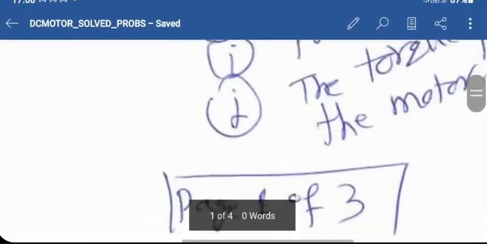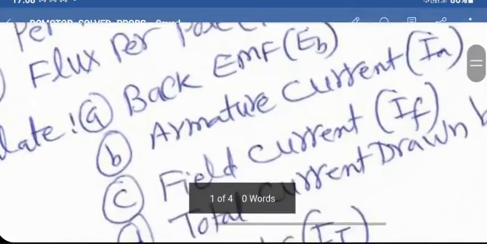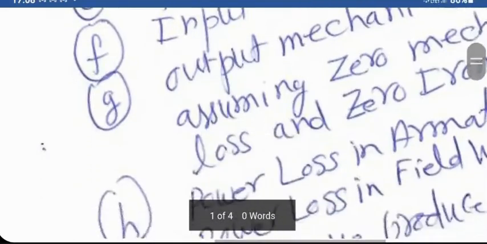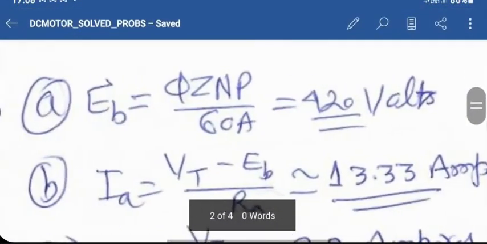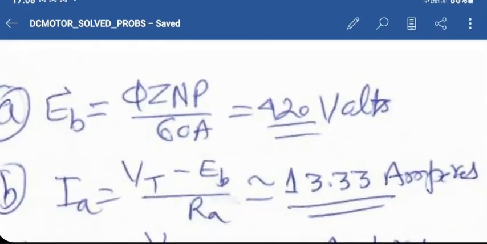Part B. Armature current, IA. I have not drawn the diagram of the shunt motor, but I think you should be able to see what I'm doing. This equation was already derived in the previous document. IA is VT minus EB upon RA, right? VT is 440 volts, is given to you.